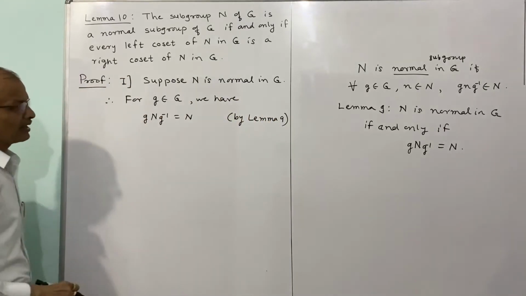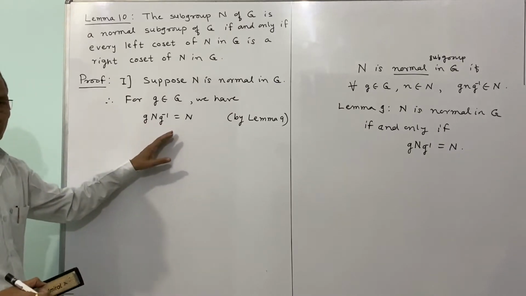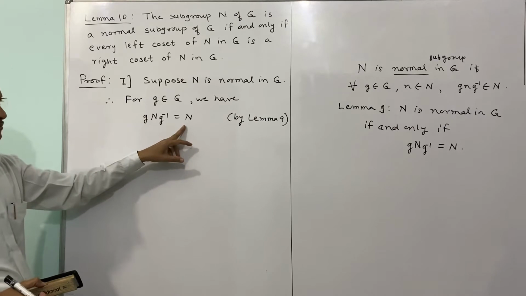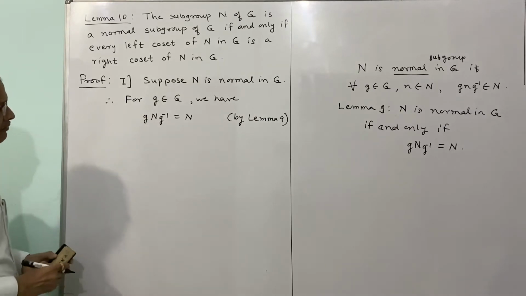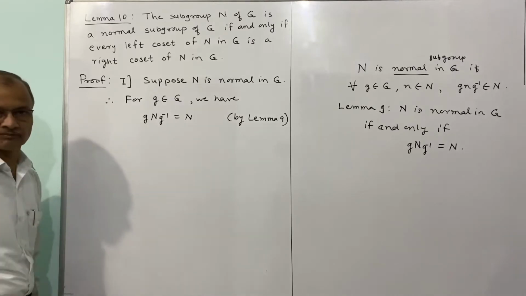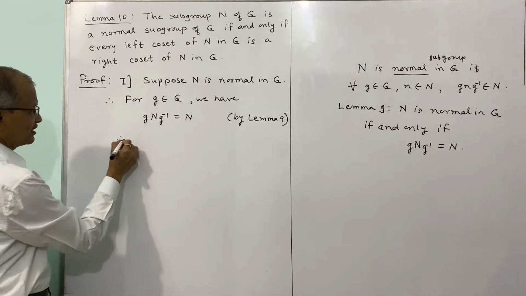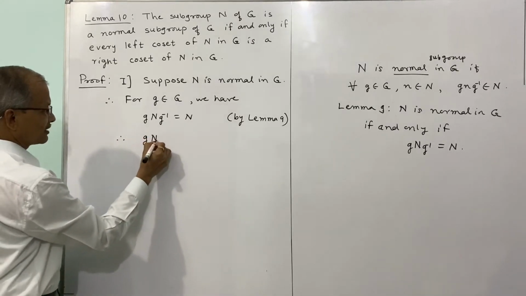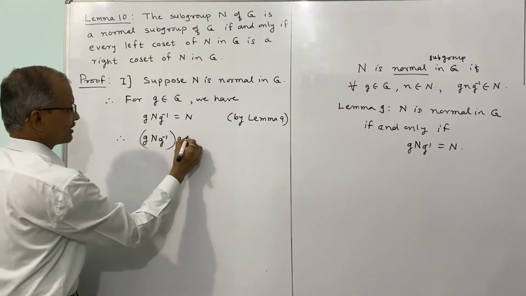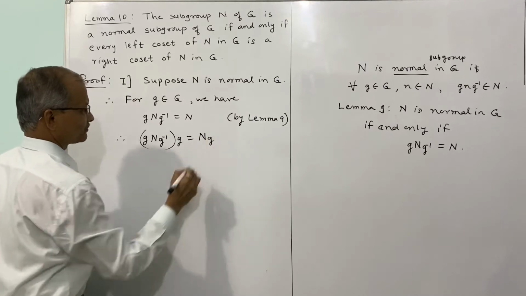If it is normal, then that condition is again if and only if: N is normal in G if and only if g N g inverse is equal to N. And now what we shall do is post multiply both sides by g. And thus this gives g N g inverse into g is equal to N g.